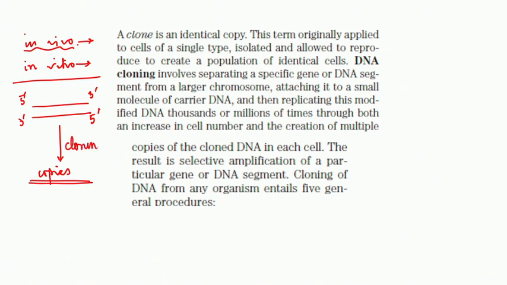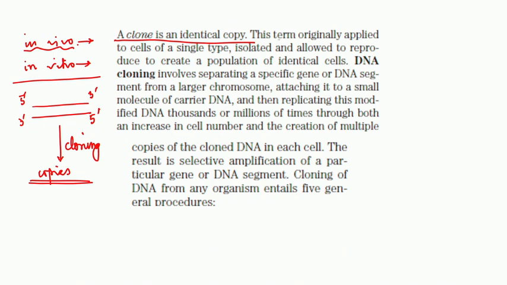What is cloning? Cloning is basically making an identical copy of anything, that if you have writing on a piece of paper, and you scan it or xerox it, you will get the clone of your original. So, cloning is nothing but the creation of identical copy or copies.